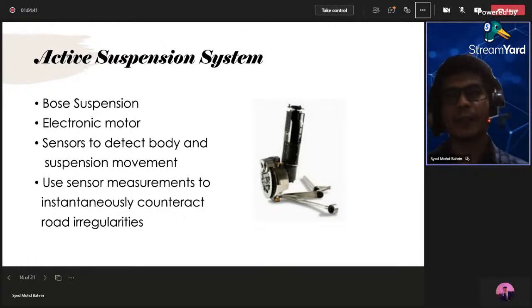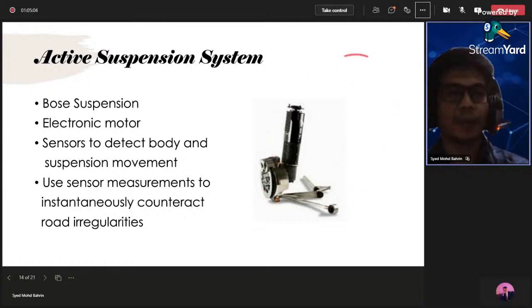He said that when the speaker is going to make a sound, the amplifier tells the diaphragm of the speaker to move front and back, and that vibration of the diaphragm will produce sound. So from that idea, he came up with a suspension system which has two important parts.